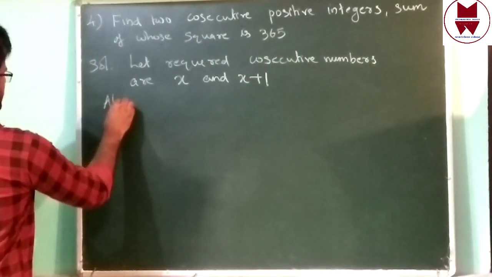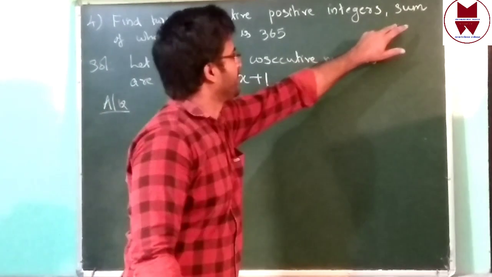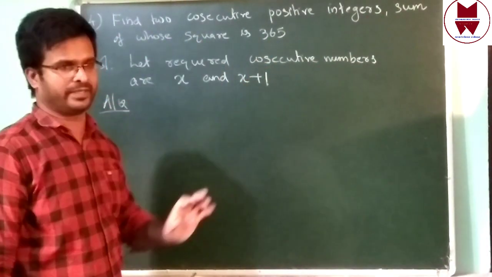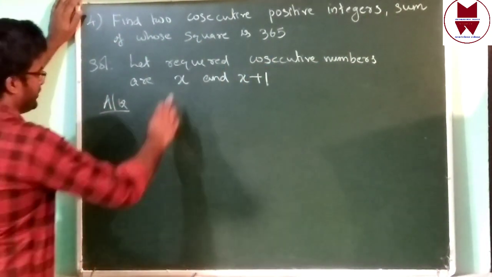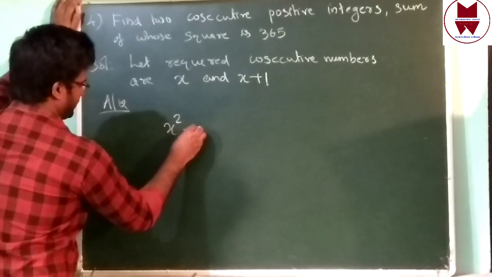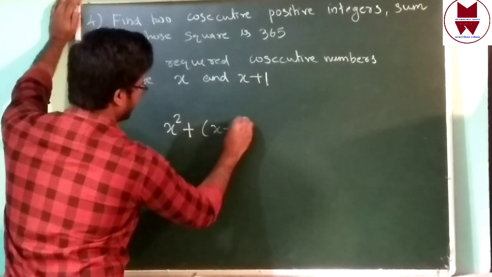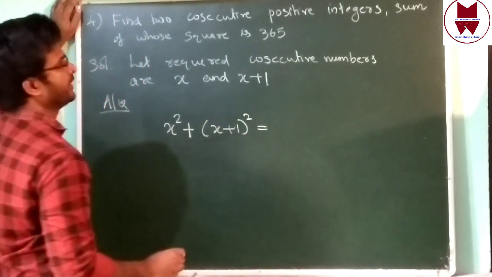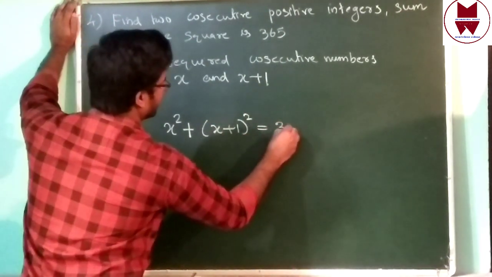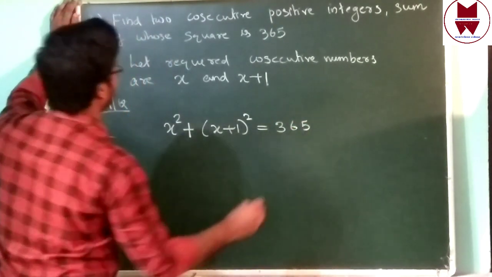Then according to the question, one condition given: sum of whose square is 365. Then we can write x square, sum means plus, second number is (x plus 1) square equal to 365.